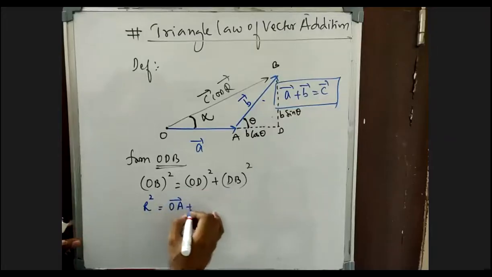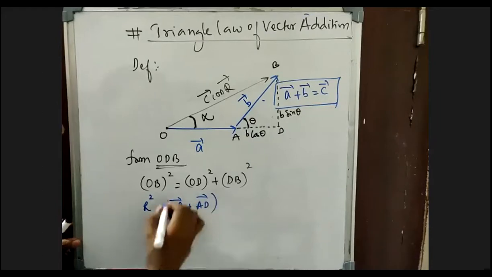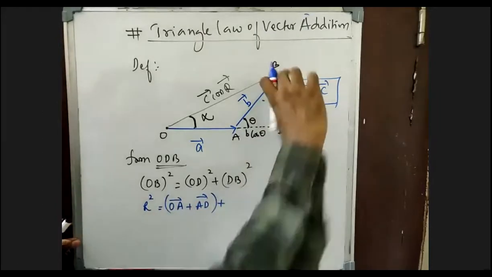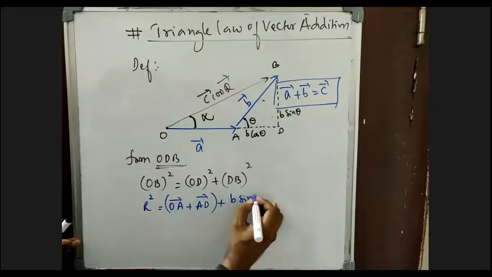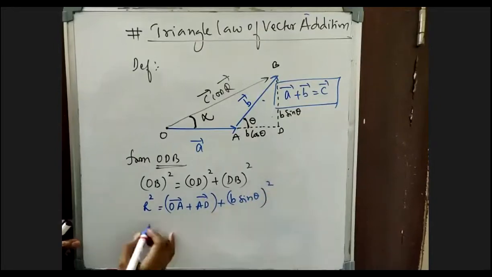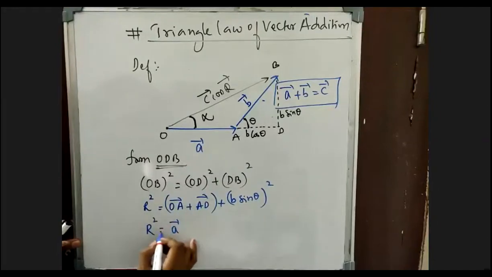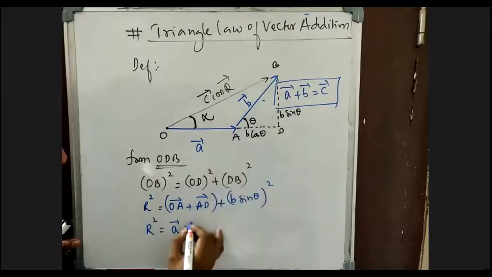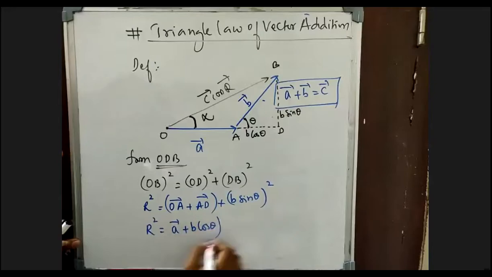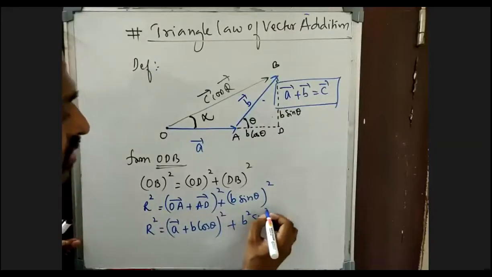OD is nothing but your OA bar plus your AD bar plus DB. This DB value is nothing but how much for me? B into sin theta, the whole square. So R square is equals to OA is nothing but A bar plus AD is nothing but B cos theta, the whole square plus this one is nothing but B square into sin square theta.